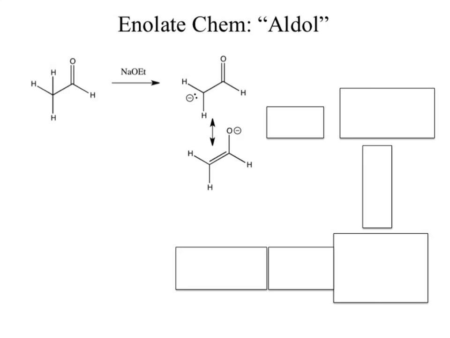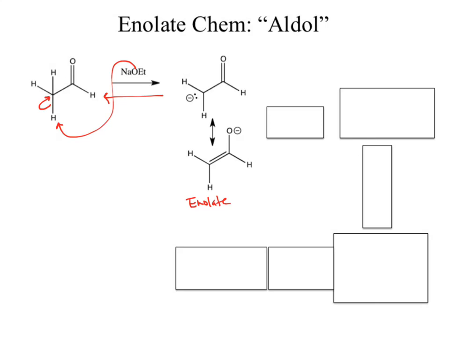So if we go through and now add a strong base to this, that base is for sure going to be strong enough of a base to be able to remove some of the hydrogen. Okay? And we end up with our enolate. This is an equilibrium reaction, meaning that we do run the reverse as well.